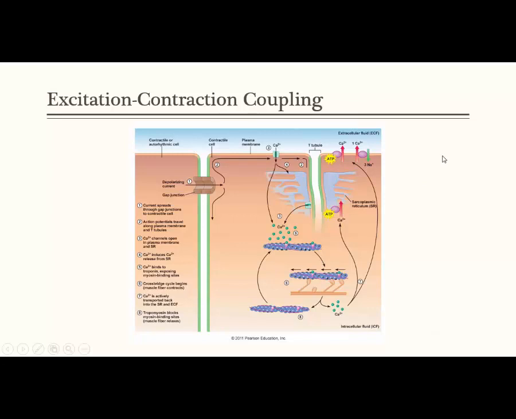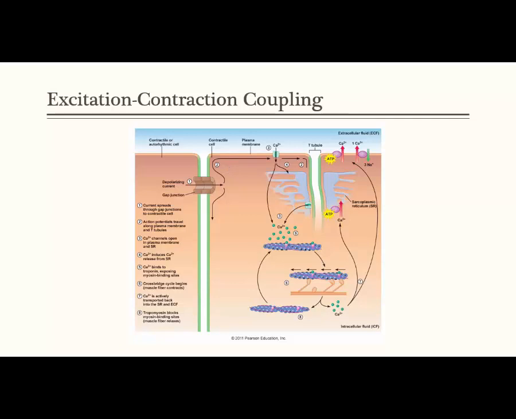I don't care that you know a great deal about this. You don't have to certainly know the details, but you do have to understand a couple of things. One, the importance of the ACh, the acetylcholine receptors, which are chemically gated receptors that cause an action potential in the muscle cell.